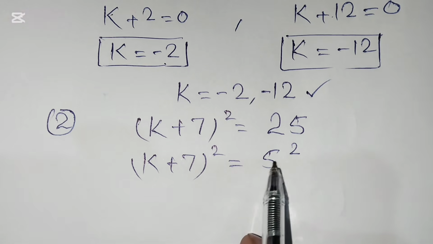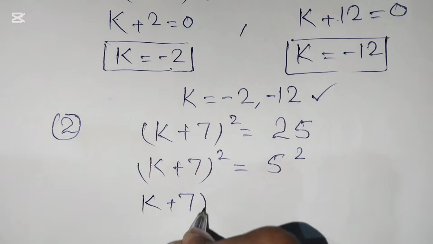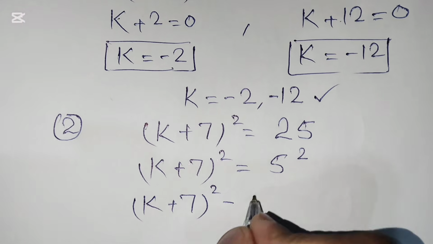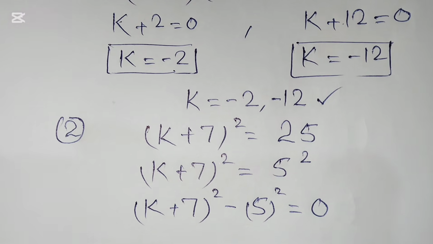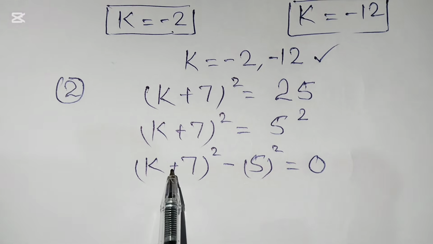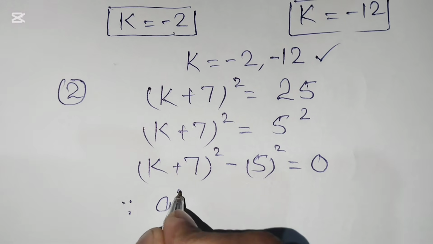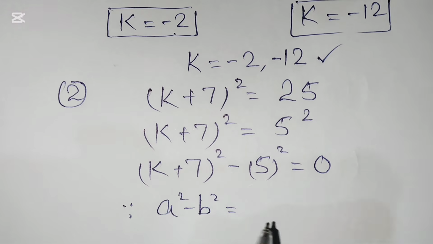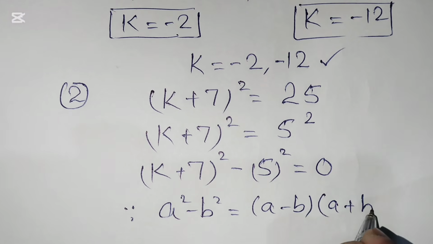Now we will subtract this 5 square on both sides. We get (k + 7) whole square minus 5 square is equal to 0. This is basically a square minus b square. What is a square minus b square? This is (a minus b) times (a plus b).